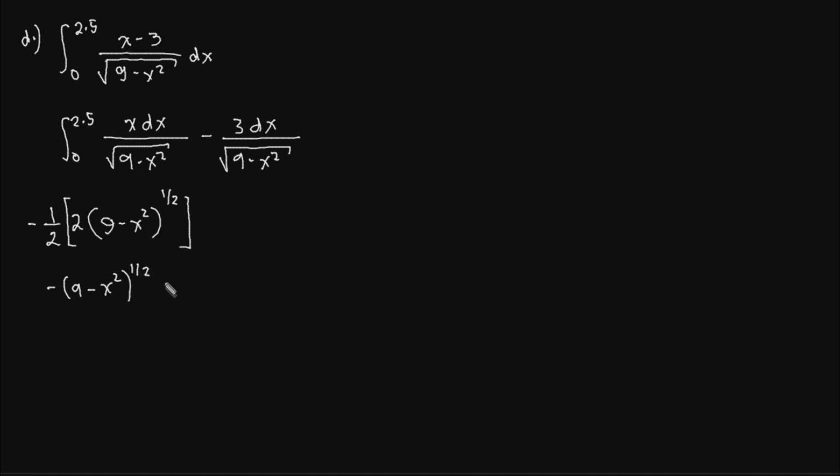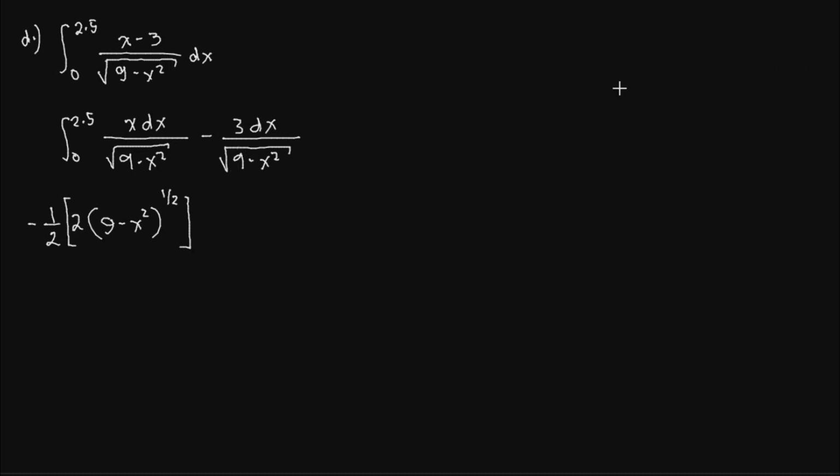So, doing this, this will give you negative 1/2 times 9 minus x squared raised to negative 1/2, and then times negative 2x, which cancels out this negative 2 here, and then matitira na lang sa atin is this x over the square root of 9 minus x squared. Okay? So later on ko na lang siya isi-simplify para kasabay nitong 3 dx. Okay? Kasi kinancel ko lang naman yung 2 dyan eh.